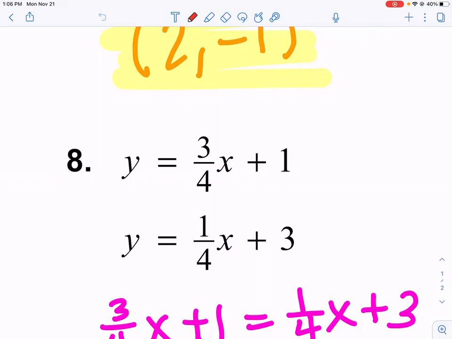Are we okay with that? Yes. Okay. So now what should we do? Subtract the 1. So 1/2 x equals 2. Okay, so how do we get x by itself? Dividing by 1/2 is the same thing as multiplying by the reciprocal. So x equals 4.